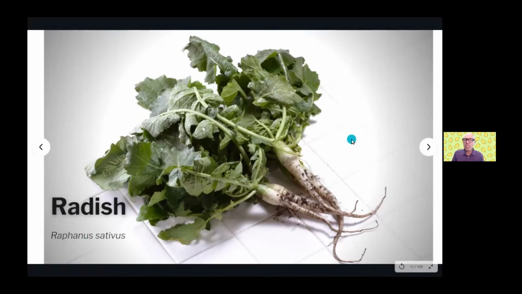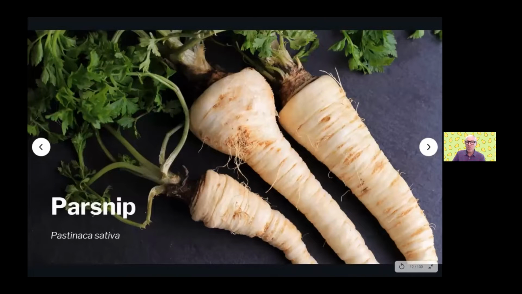But through mutation and selection, we humans have selected those plants that can produce the biggest, juiciest, starchiest storage root. And therefore, mutations that have appeared along the way have been taken advantage of by people.